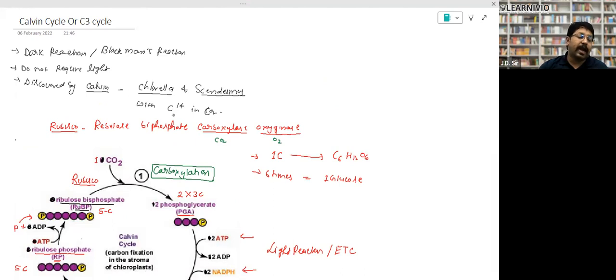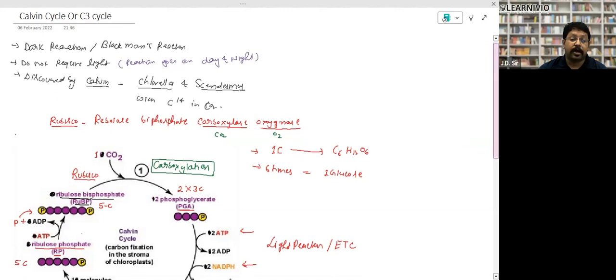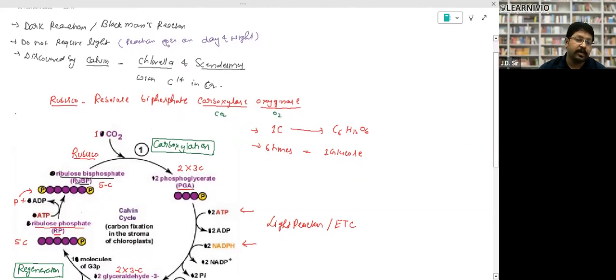It does not require light. I have told you that's why the reaction goes on in day and night both. So dark reaction doesn't mean that it will go on in the dark. Dark reaction goes on at day and night. It is called dark reaction because it does not require light.